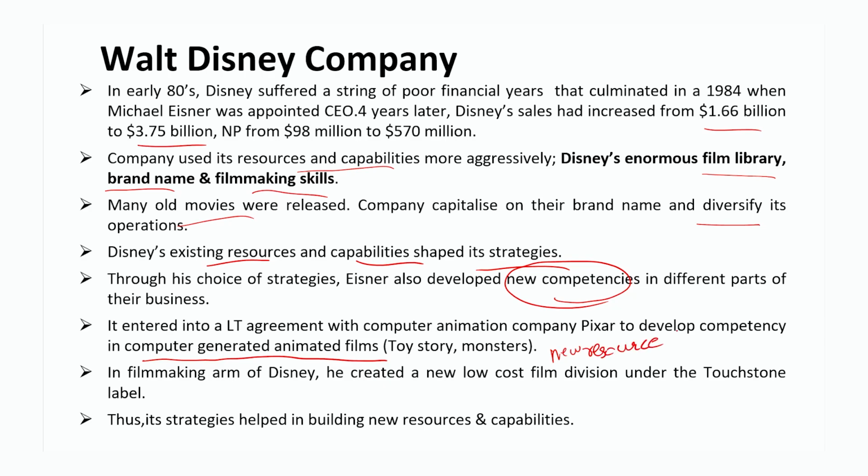Similarly, they also created a new low-cost film division under the Touchstone label, which is again a new resource. So in this way, their strategies helped in building new resources and capabilities. So, in a nutshell, the relationship between distinctive competencies and strategy is not linear, it is reciprocal, where there is a two-way relationship between these two variables.